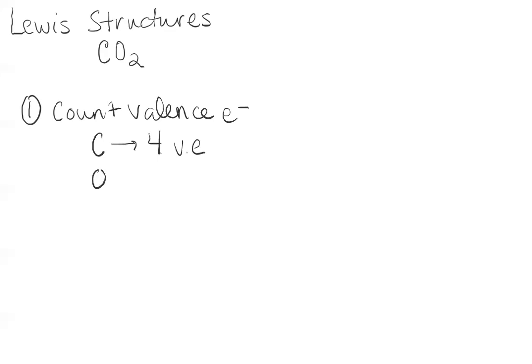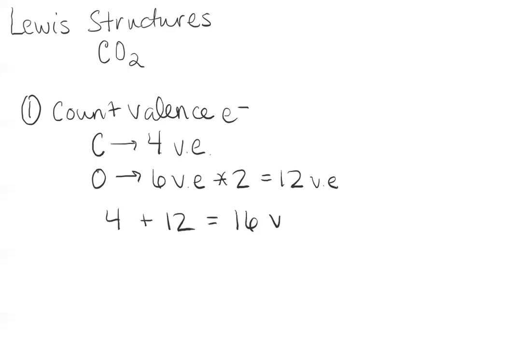Oxygen has 6 valence electrons, and there are 2 of them, so 12 total. Overall, 4 plus 12 gives us 16 valence electrons to play with in our structure. So that's step 1. We've got our valence electrons.